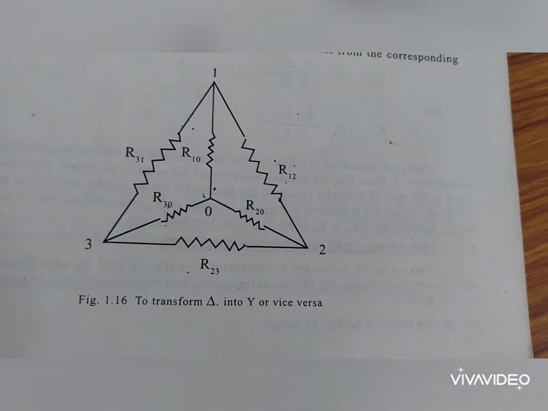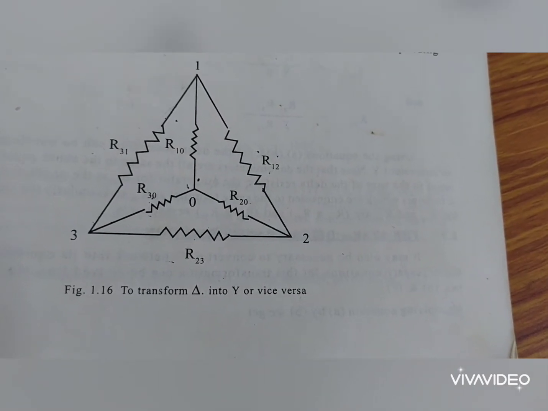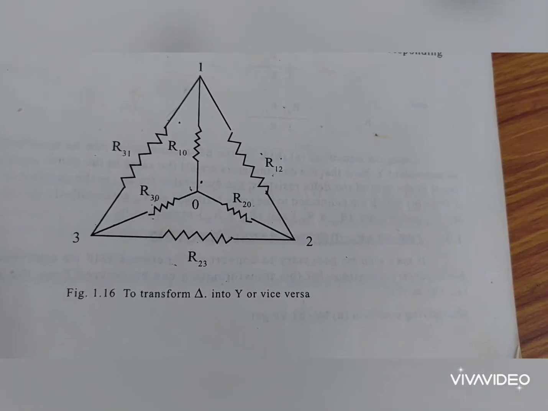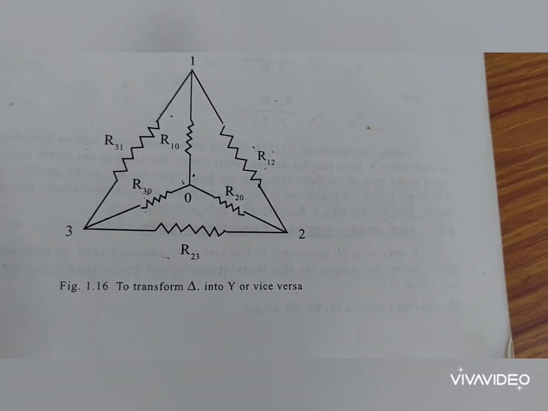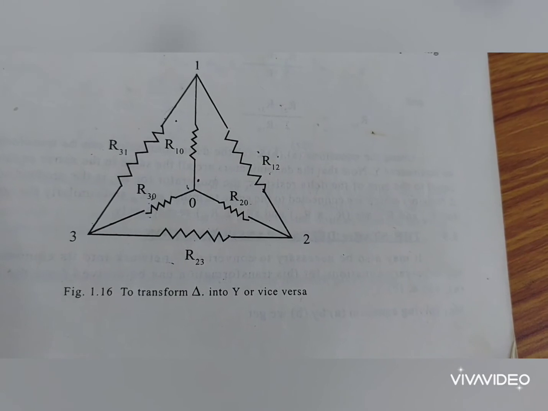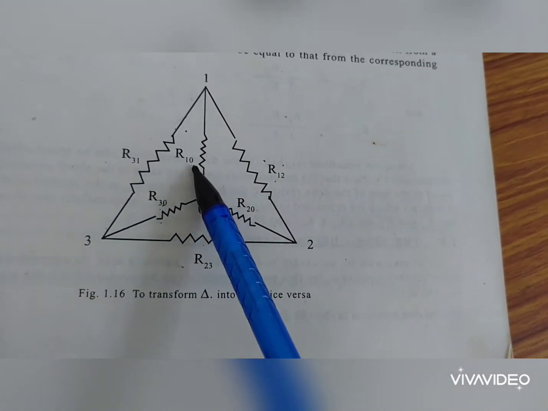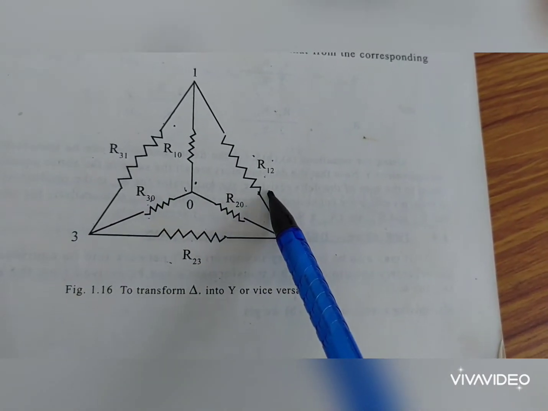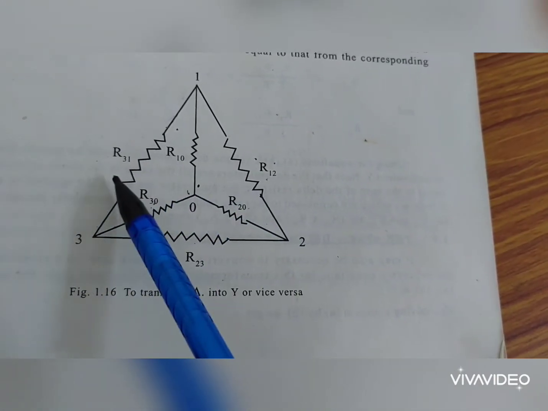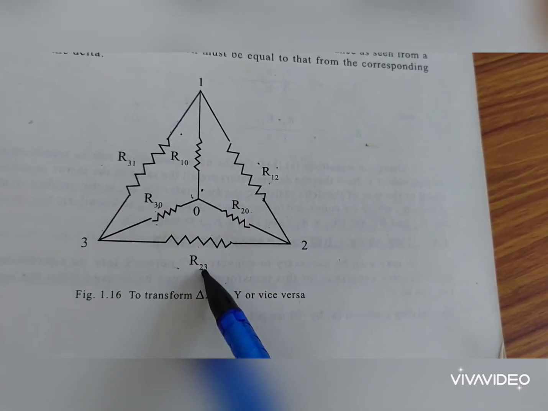If you want to transform delta into star, then to find the resistance of the star connection, the first resistor R10 is equal to R31 into R12 divided by R31 plus R12 plus R23.